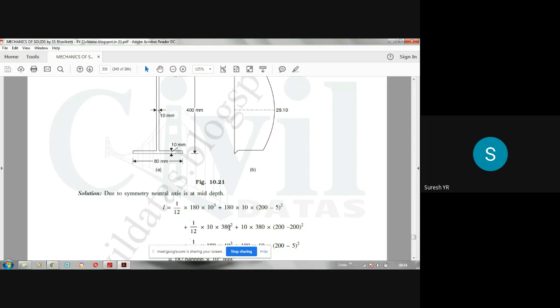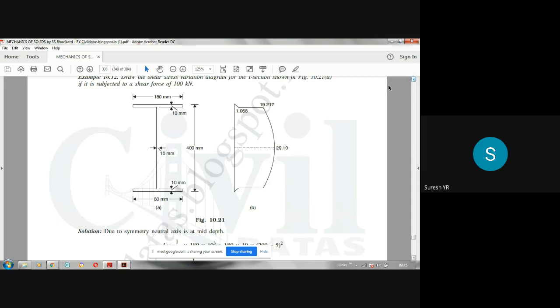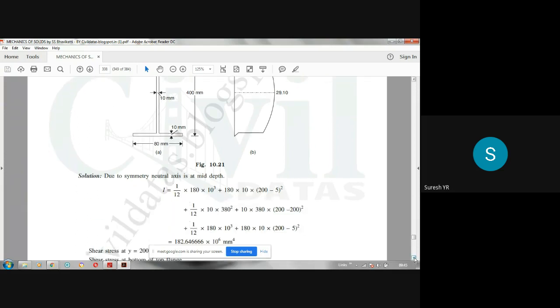So 10 into 380 cube divided by 12, that is B D cube by 12 for this web portion, plus the area, 10 into 380, into the distance between the neutral axis and the centroid of this web, which is nothing but 0, because the centroid of this web coincides with the centroid of this I section, or the neutral axis. Therefore 200 minus 200 becomes 0.